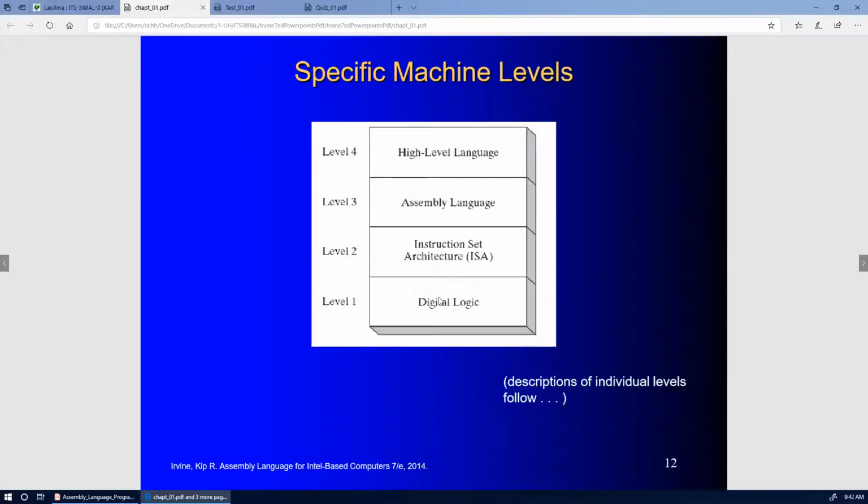And so here is a hierarchical description of this. We've got the digital logic, which is electrical engineering stuff, and then you have an instruction set architecture that is implemented in the digital logic, and then the assembly language is on top of that, and the higher level language is above that.